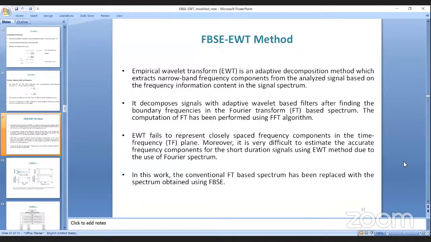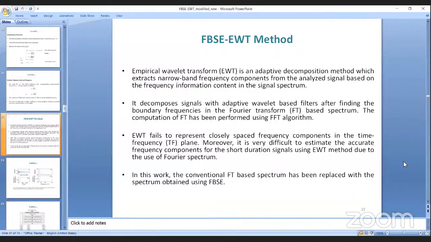In the empirical wavelet transform, it is a combination of two methods: one is an empirical mode decomposition kind of approach and the other is the wavelet transform. In empirical mode decomposition, we have seen we do maxima and minima picking in the time domain. Here in the empirical wavelet transform, these maxima and minima are obtained based on the Fourier spectrum.